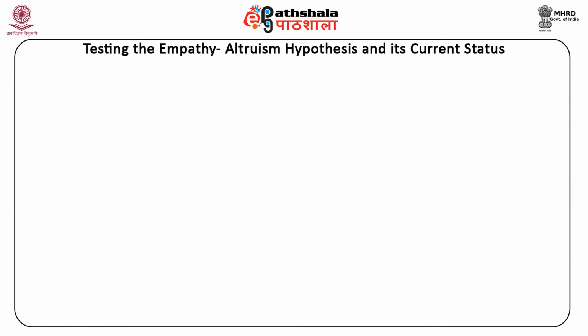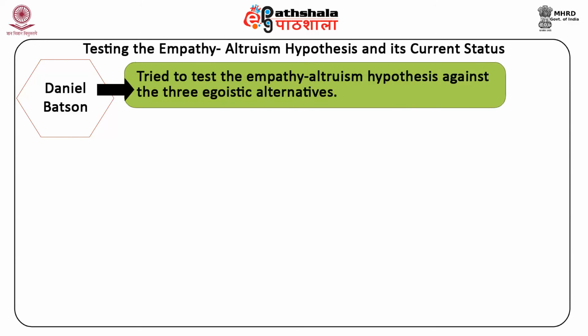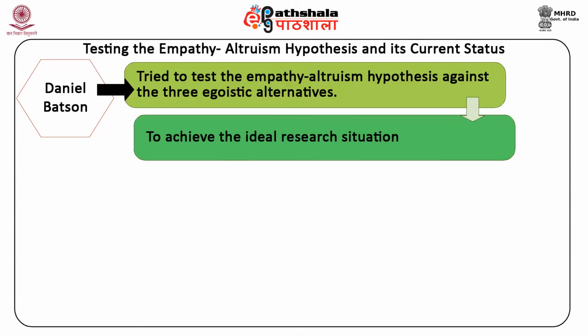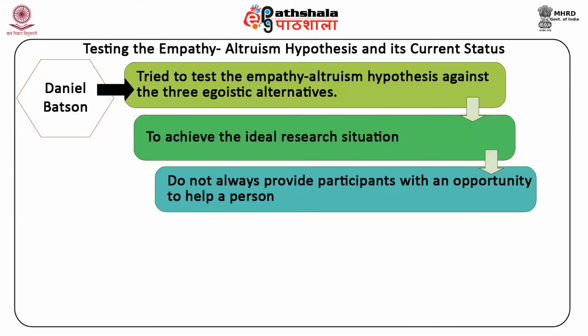Testing the empathy altruism hypothesis and its current status. Daniel Batson and his colleagues have, in a series of experiments, time and again tried to test the empathy altruism hypothesis against the three egoistic alternatives. To achieve the ideal research situation, they do not always provide participants with an opportunity to help a person in need.